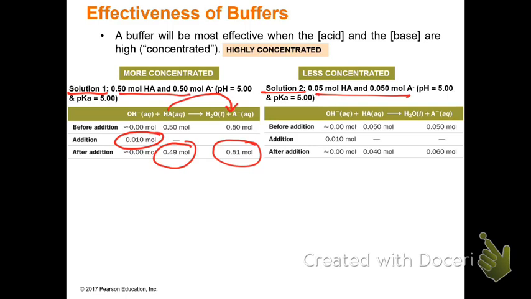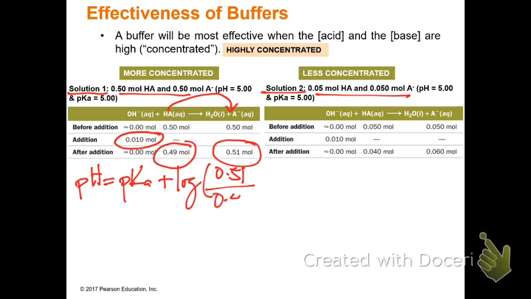And then from here, we're going to plug in all the numbers to this Henderson-Hasselbalch equation. So pH equals pKa plus log of 0.51 divided by the acid, which is 0.49. All right, again, pKa is already given here, so you just plug it in. All right, here's a cleaner version.